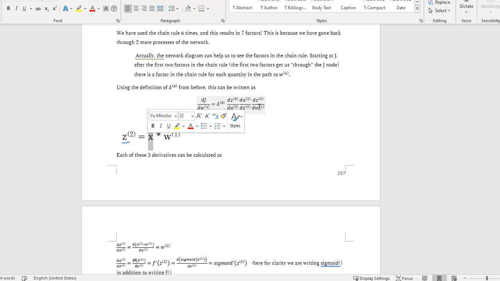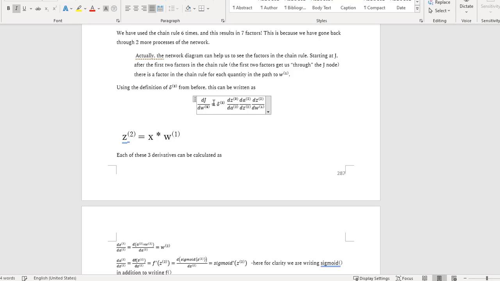So this term will just become X. And we said we're going to call these 3 here delta 2. So this derivative, and remember, this is the thing that we use to update our weights. In this case, this is the thing we use to update W1. So this is critical, the most important calculation we do, as well as the one when we have a 2 here. That's equally as important.